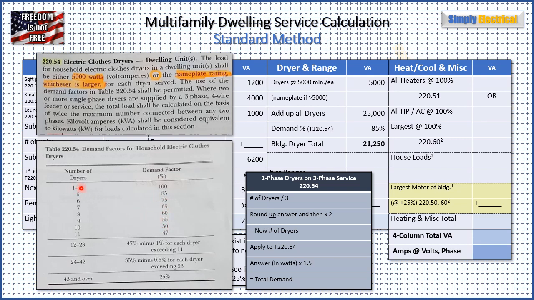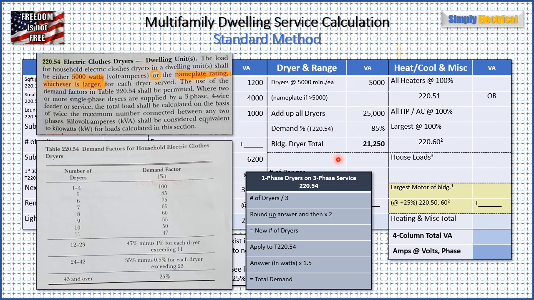Anything 1 through 4 is 100%. But once you get to 5, which we happen to have, our demand factor is 85%. And here it is, demand percentage of the table is 85%. So we take 85% of that 25,000 and it gives us a building dryer total of 21,250 VA.